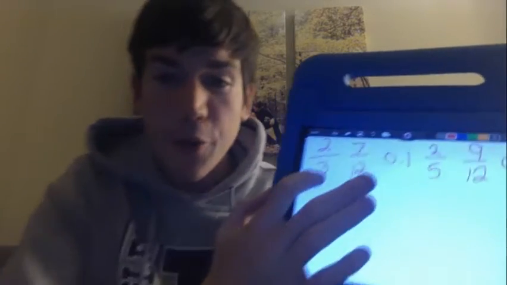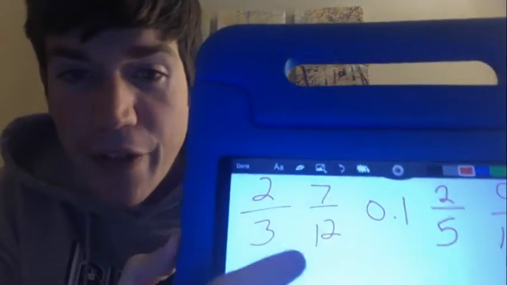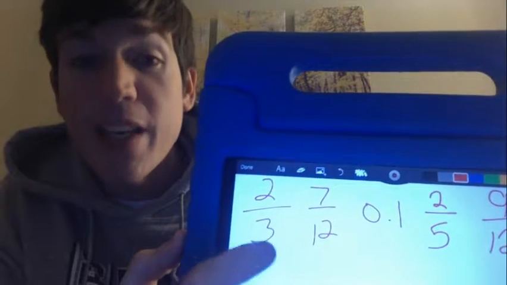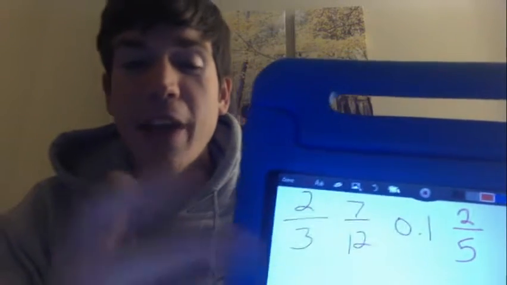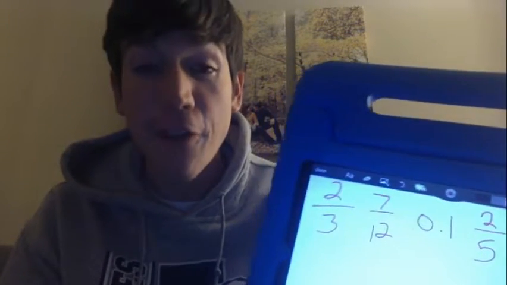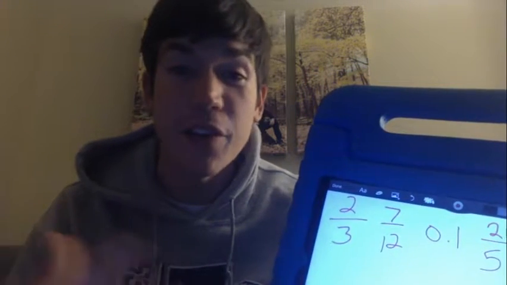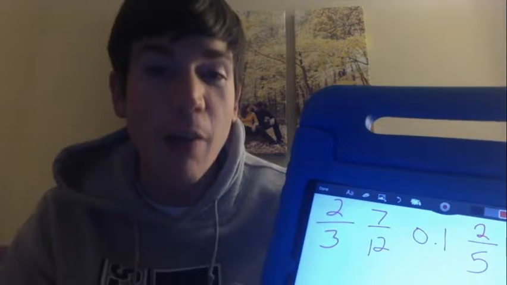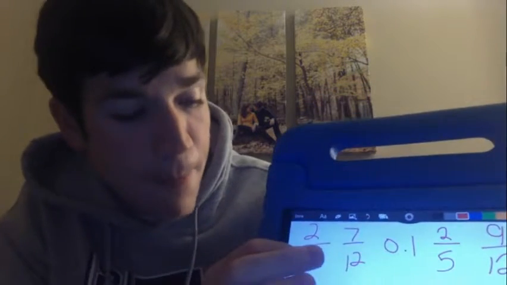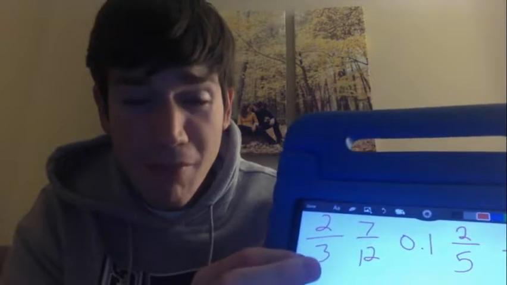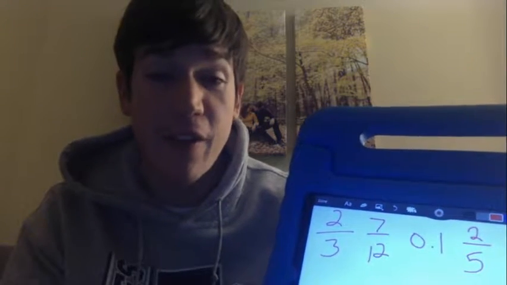So we have 2/3. I like to look first at the denominator. I see a 3 down here, and I'm going to ask myself, if I were to split 3 in half, what is half of 3? Well, because 3 is an odd number, it's a little bit more tricky, but we can figure out what half of 3 is. Half of 3 is exactly 1 and 1/2.